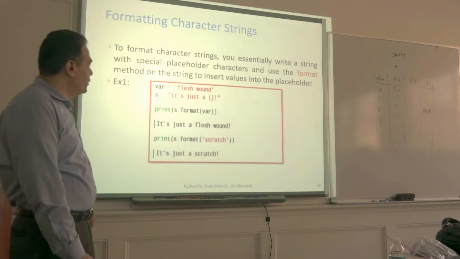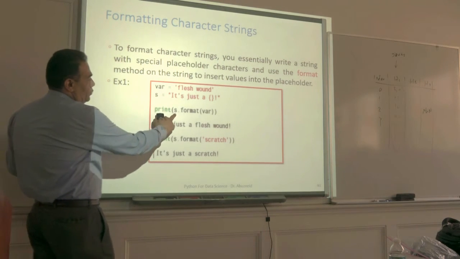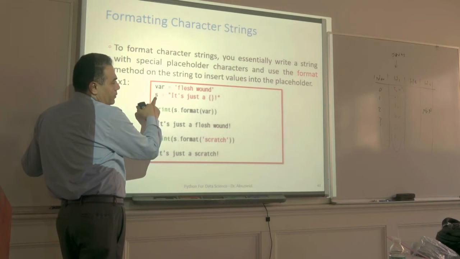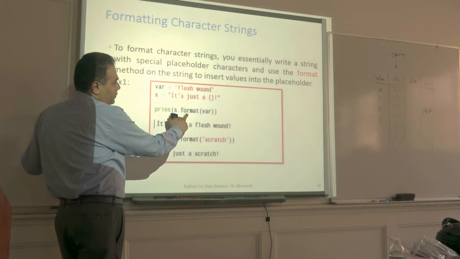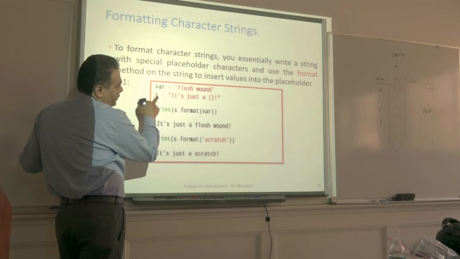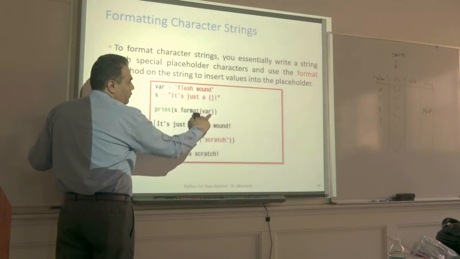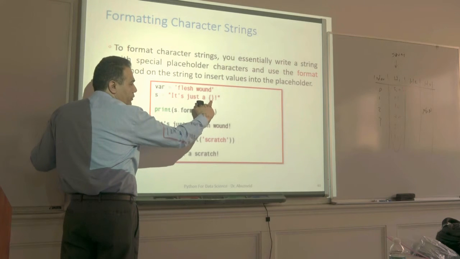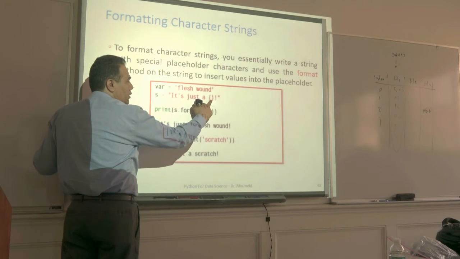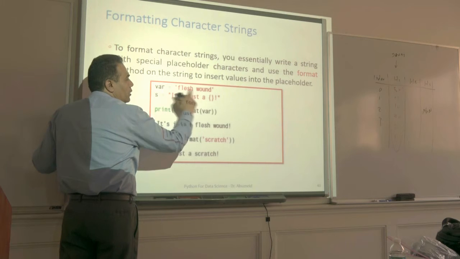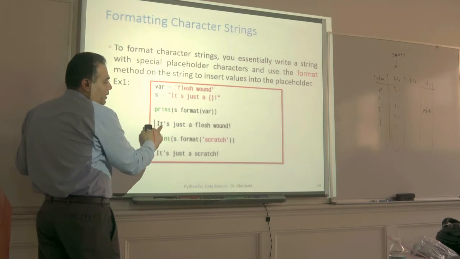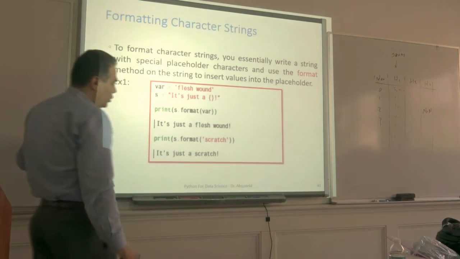So when I try to print S, the pattern dot format, var, it will print S. What is S? It's just a, and the first variable goes to the first brace. So var will be substituted in here. What's the value of var? Flash 1. So the print is just a flash 1.